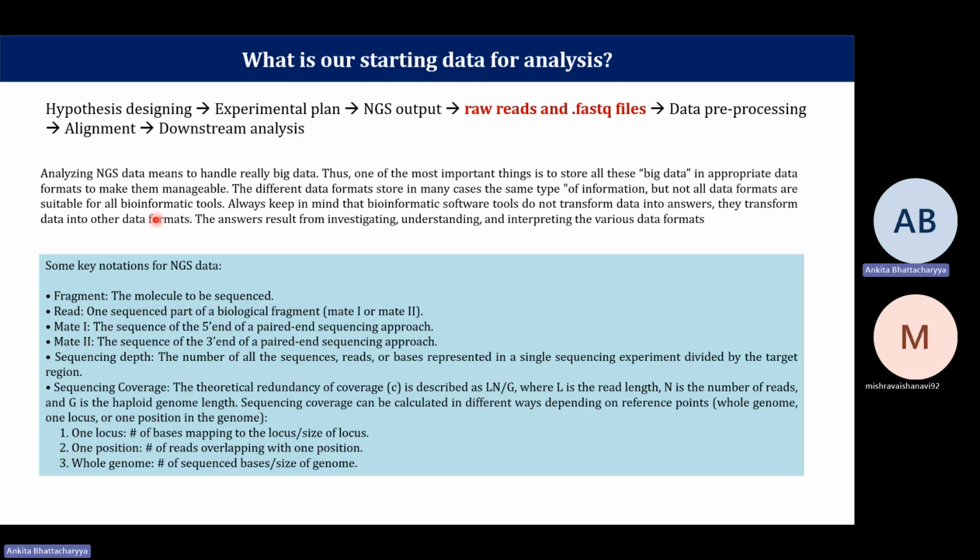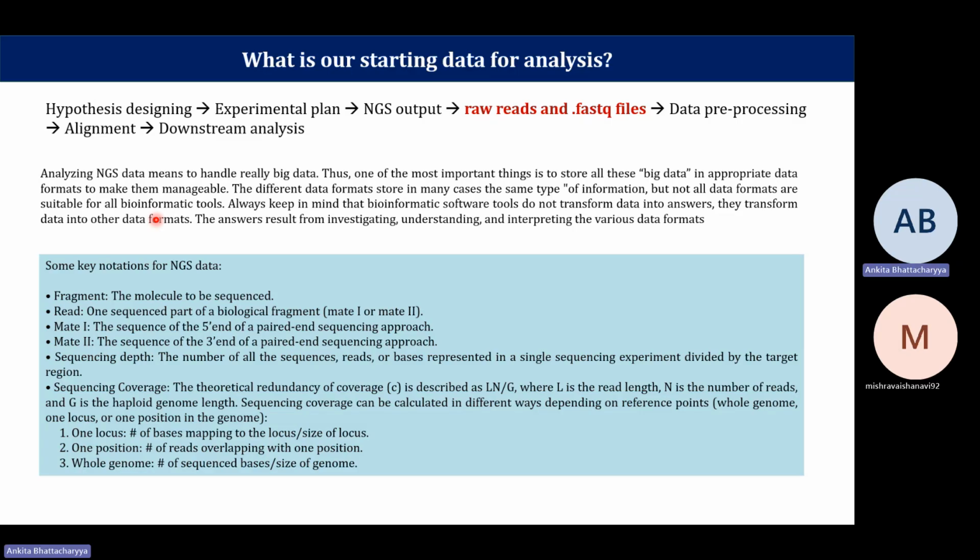The first step that you need to perform with that FASTQ file is data pre-processing, whereby you check the quality of that data. And the second step that is part of that pre-processing is what we'll be discussing today. That is the trimming step with regards to your NGS data.